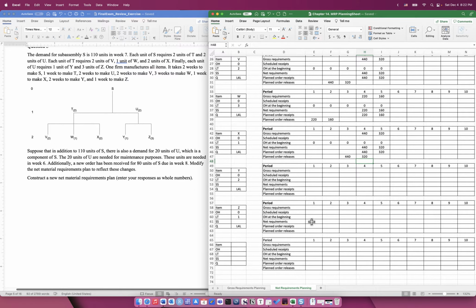Let me add some interesting twist here because this is just so boring. I know the original problem did not expect you to use a different order quantity, but here I'm going to use a lot sizing technique where you need to place an order that needs to be a factor of 53.